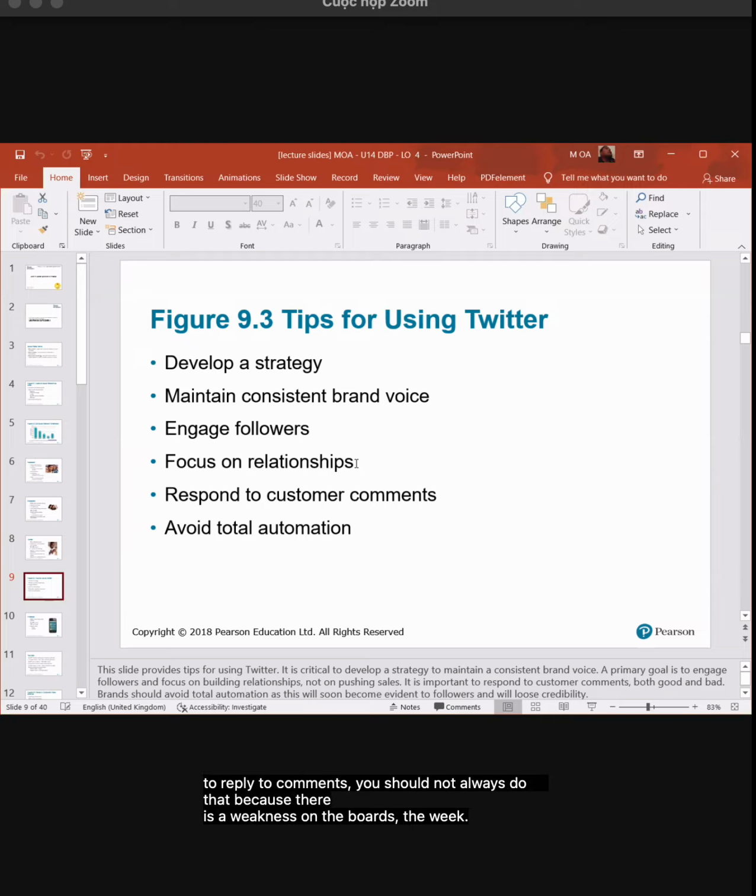The weakness is that they normally use keywords to identify the type of response they have to send. And sometimes those responses have nothing to do with the comment that has been sent by the user, because the bots don't understand the nuances of the language. So you have to be very careful with that.